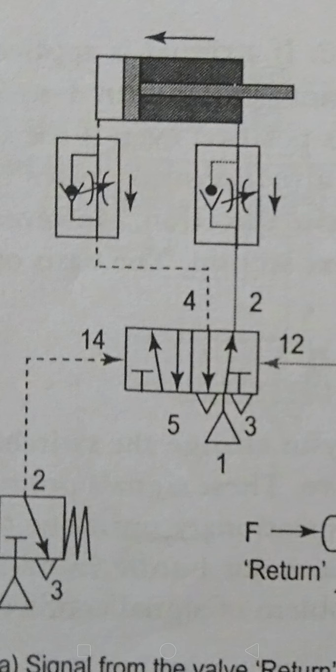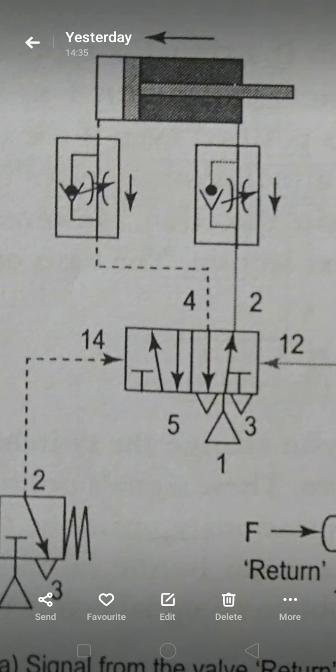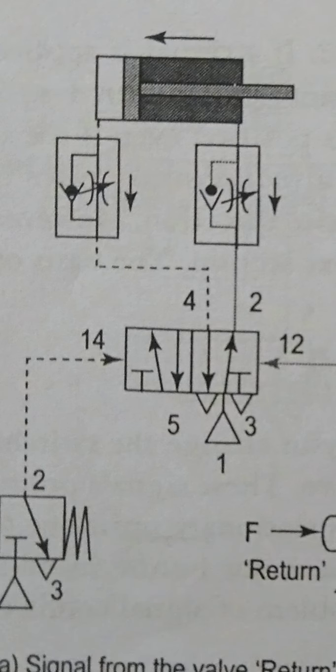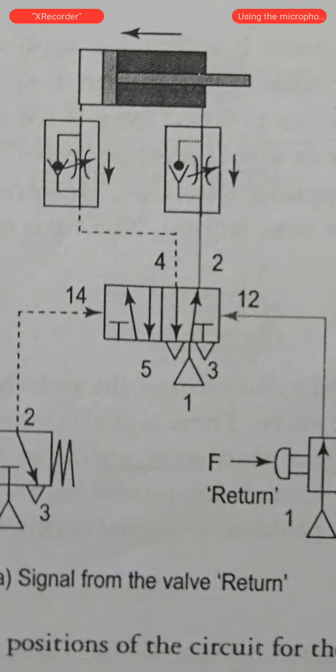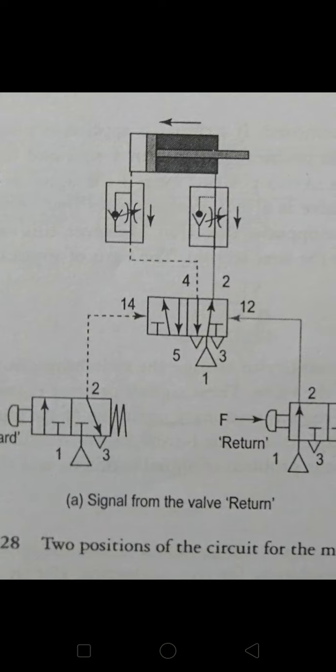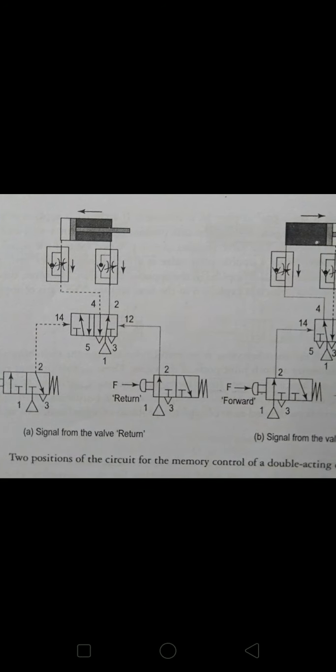Until the start signal is given again, the piston will remain there on the left side of the cylinder. So I am explaining again so that you can understand easily.